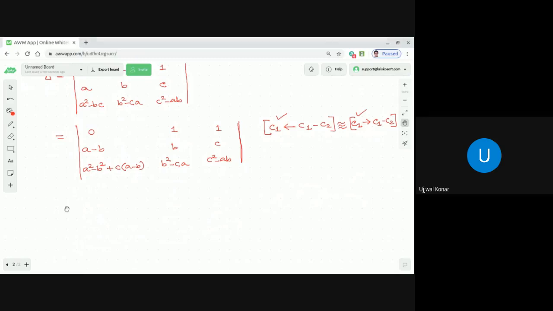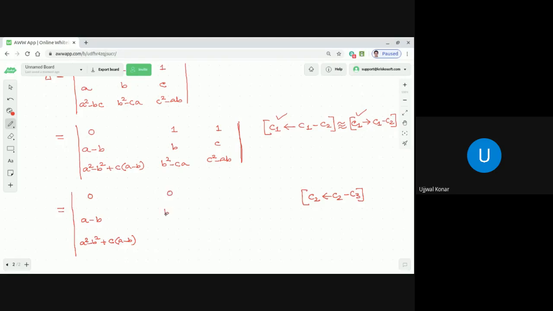Correct? So if I make this operation, it should be something like this: 0, A minus B, we get A square minus B square plus C into A minus B. Then as we are doing the operation C2 is C2 minus C3, what are we going to get? 1 minus 1 is 0.